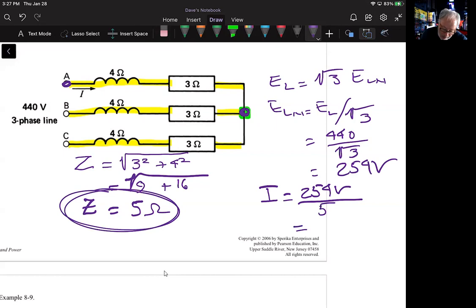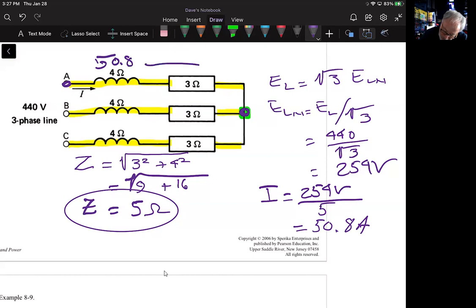So the current in each branch is 50.8 amps. So I have 50.8 amps in here, I have 50.8 amps in here, and I have 50.8 amps here.